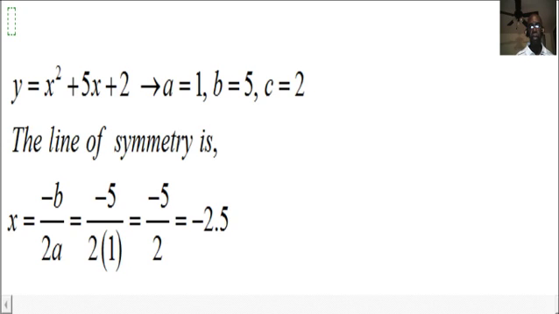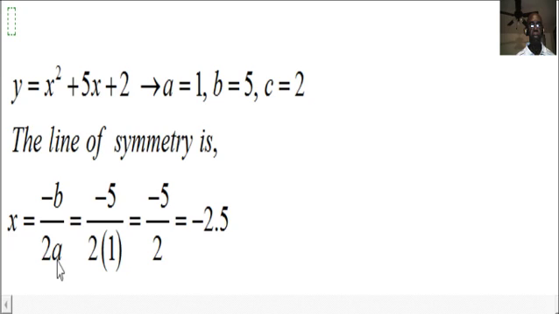Given the quadratic function y equals x squared plus 5x plus 2, we want to find the equation for the line of symmetry. Having y equals x squared plus 5x plus 2, a equals 1, b equals 5, and c equals 2. The formula is x equals minus b divided by 2 times a.